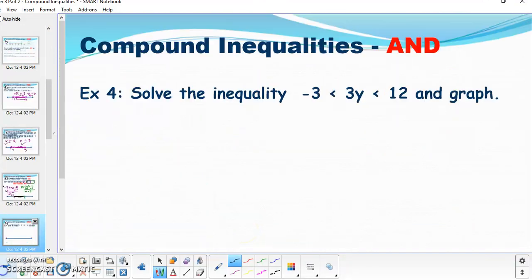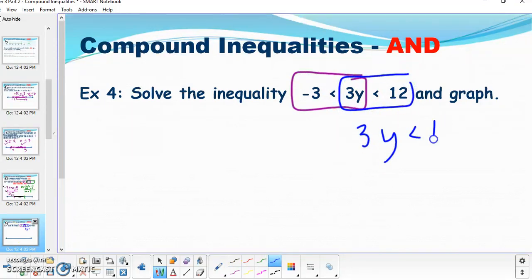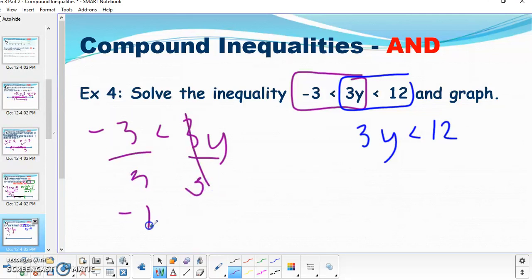So let's do another example. Here, one inequality. Here, second inequality. These are pretty basic. Divide by 3 to get y by itself. Excuse me, -1 is less than y, or y is greater than -1.